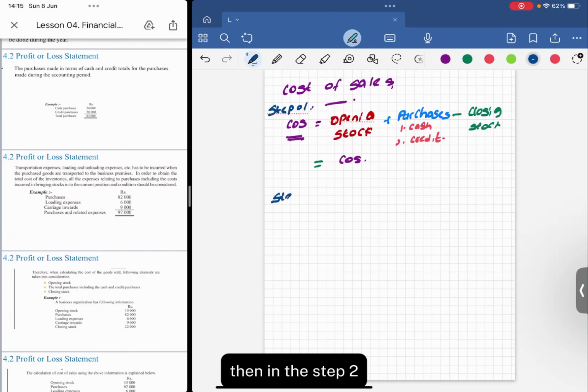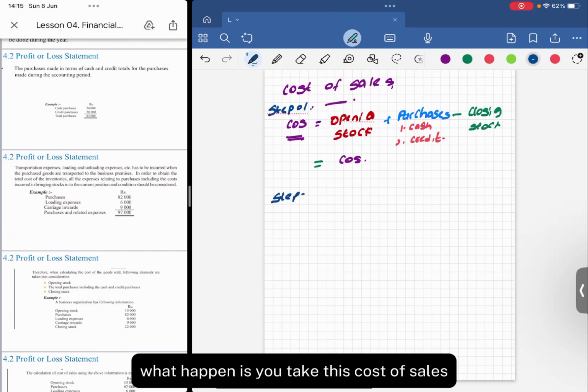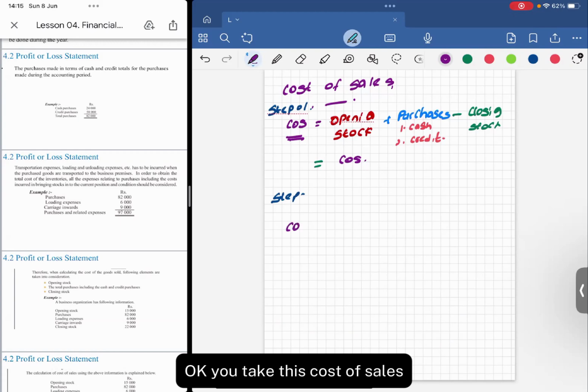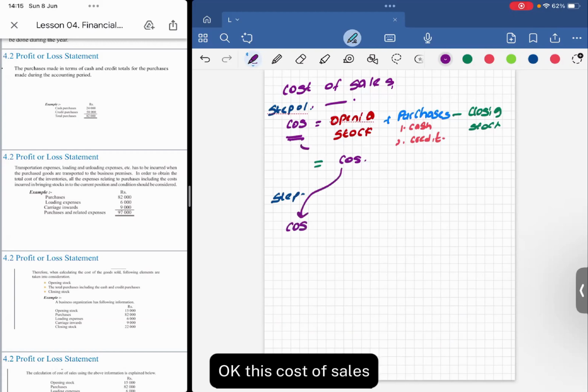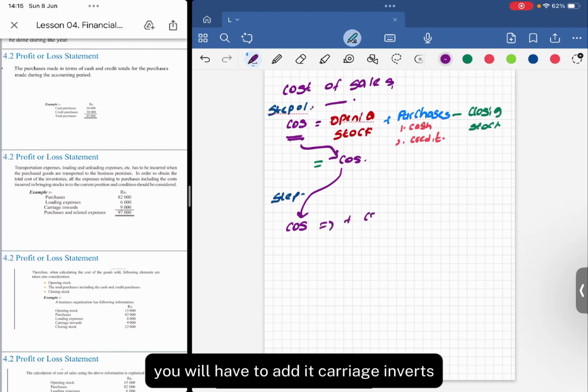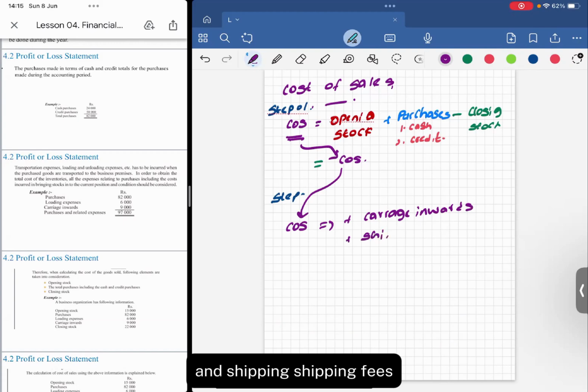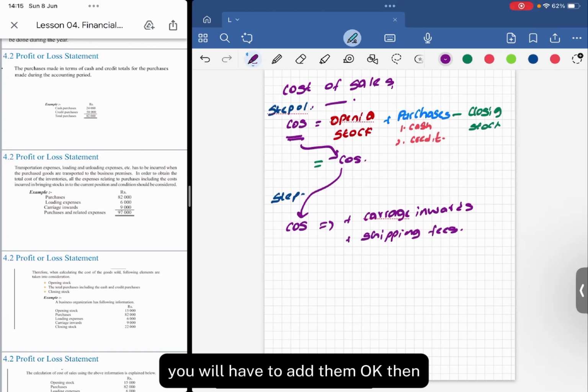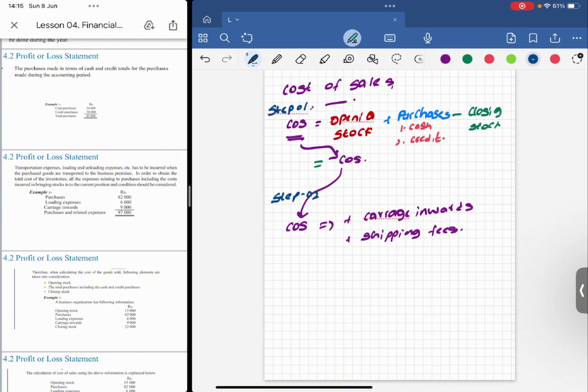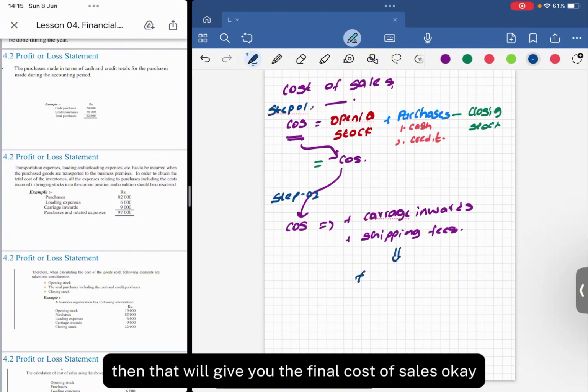Then in step 2, you take this cost of sales, and you will have to add carriage inwards, other expenses, carriage inwards and shipping fees. Likewise, you will have to add them, and that will give you the final cost of sales.